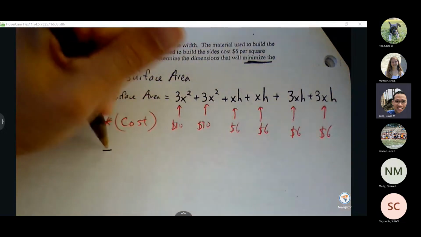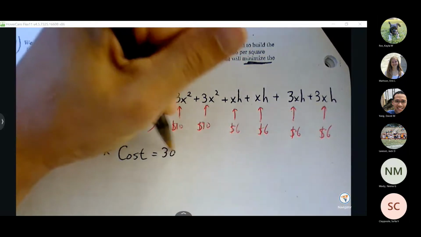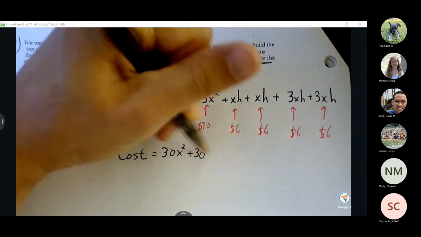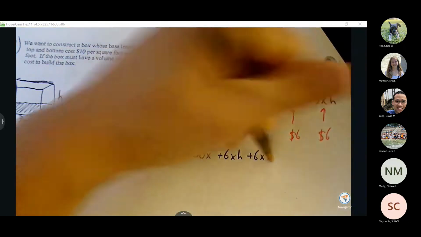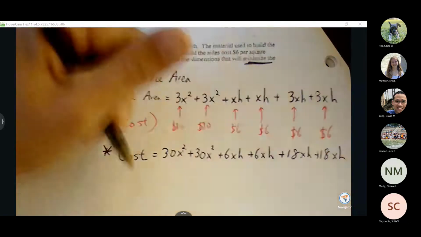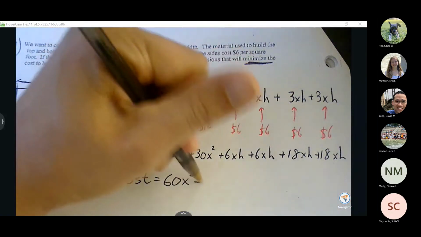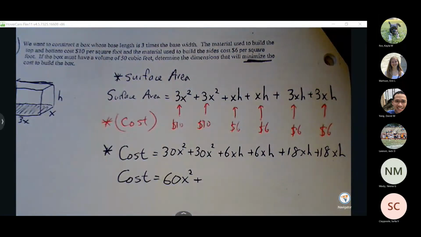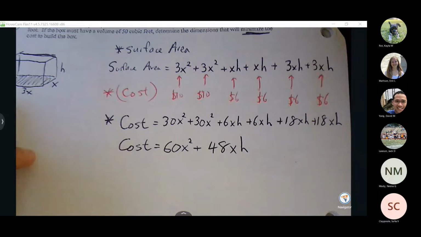And we're going to ultimately try to find the derivative for this cost equation. Okay, 60x squared plus 48xh.